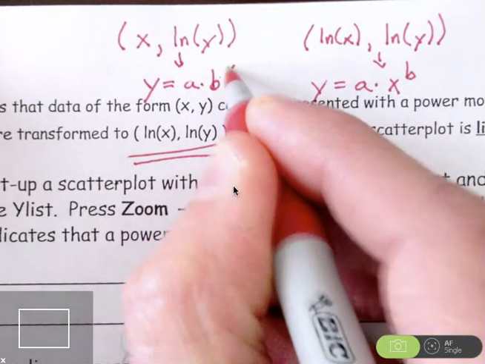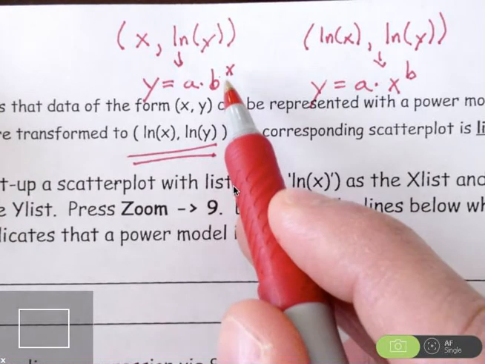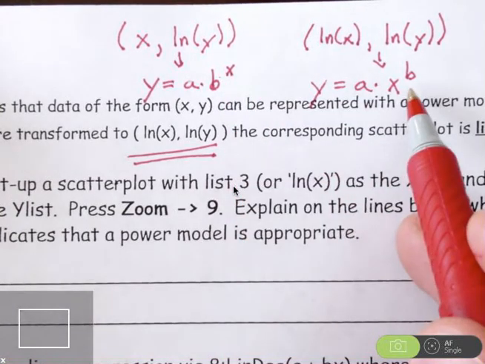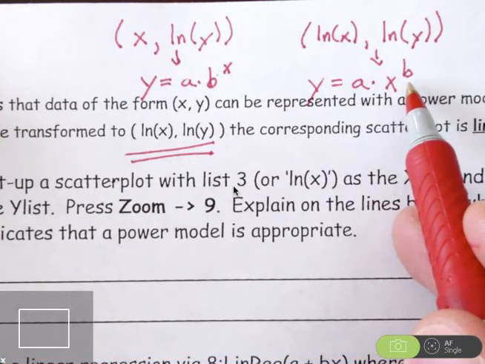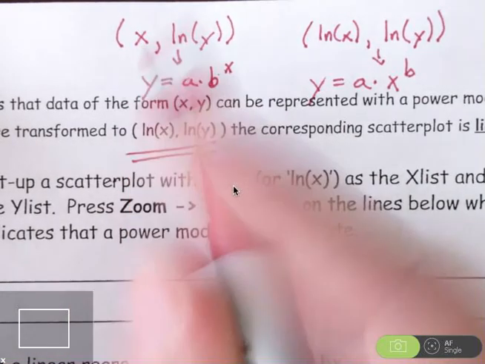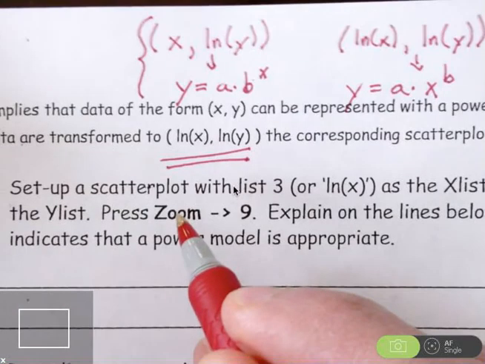So again, like in the last video, notice the difference between these two is the role of x and b. Here the explanatory variable is the exponent. Here the constant b is the exponent. So something to think about to keep these two straight: plain x for exponential. So this is the strategy to test for an exponential model.